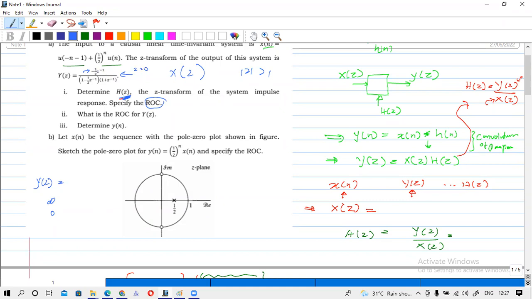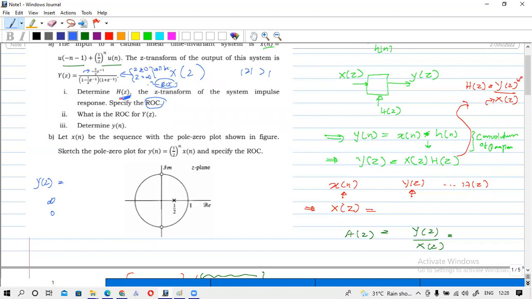If you put infinity here, you have 1 by infinity, so you will have 0 divided by 0, which is also not defined. So Z equal to infinity and Z equal to 0 will not be in the ROC.